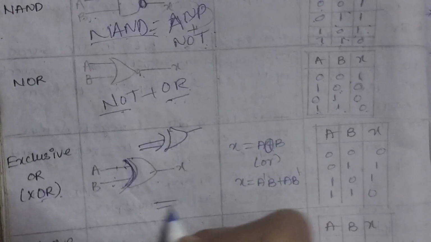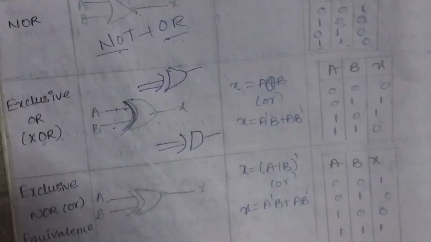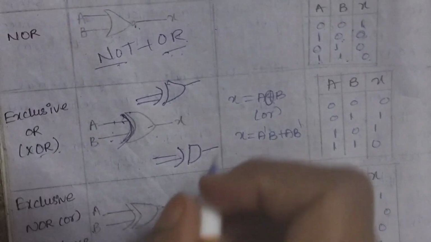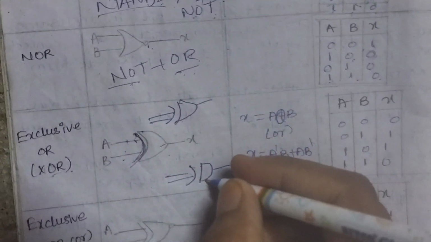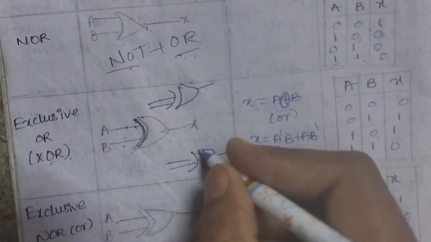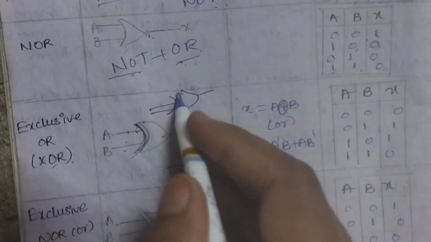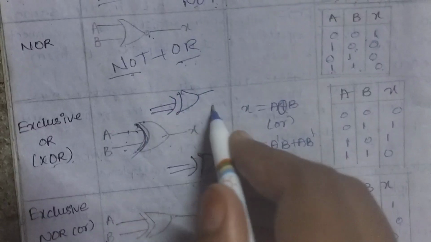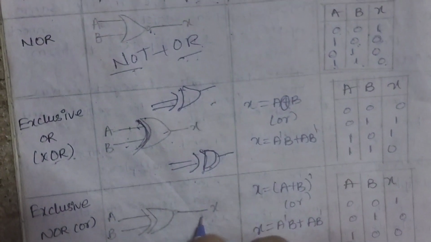For NAND, this is a representation. This is a NOR. This is a representation of exclusive NOR. This is a representation of exclusive OR. Exclusive OR is the opposite of exclusive NOR.